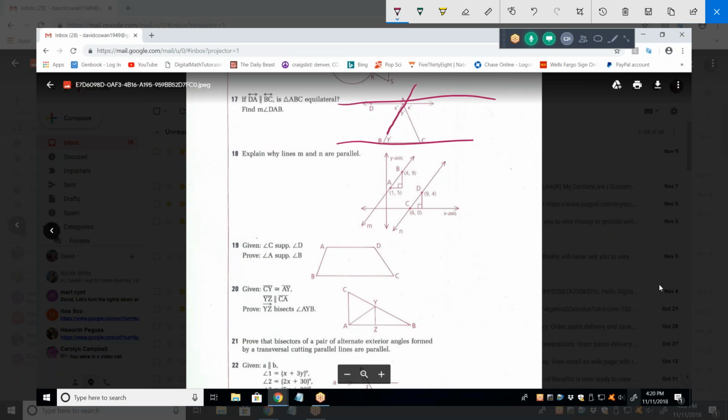There's the transversal. Think alternate interior angles. Y is equal to what? No, it's equal to the alternate interior angle. Oh, x. Yeah, I was looking at the bottom. No, y is equal to x.